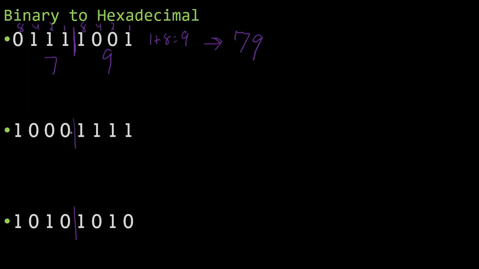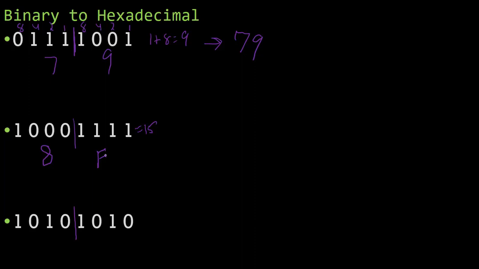Let's take a look at this one. We have an 8. Well, that's easy. That's simply an 8. Here we have 8 plus 4 plus 2 plus 1. This is equal to 15. Okay, I know I can't use 0 to 9 here because 15 is not 0 to 9. A is 10, B is 11, C is 12, D is 13, E is 14, F is 15.